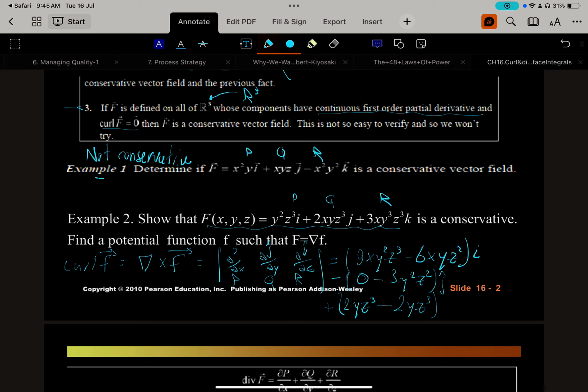Okay, so just check one of them, okay, so here we get 0. And now for the j, let's just check the j. So R is just 3xy cubed z cubed.